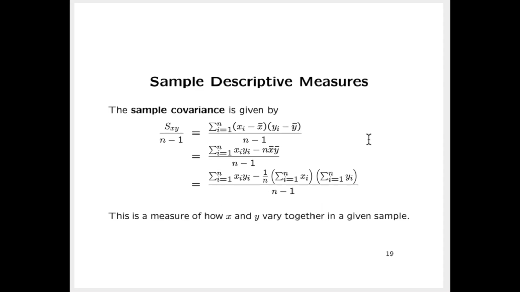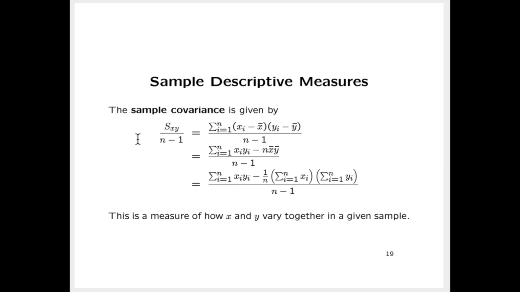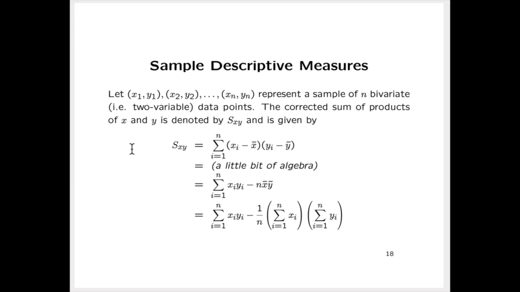Now, once we have the corrected sum of products, s sub xy, we can calculate the sample covariance. The sample covariance really is just an average corrected sum of products. Once we've added up these products, if we divide by the appropriate value, we can think of this as an average sum of corrected products.